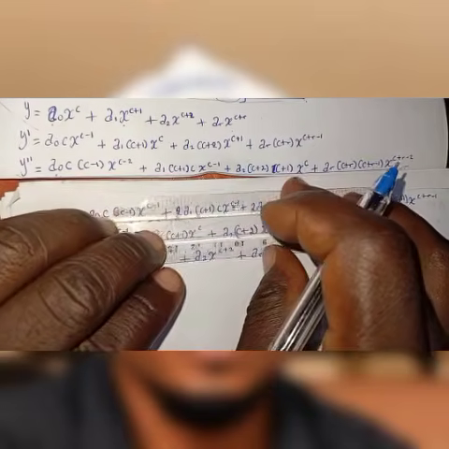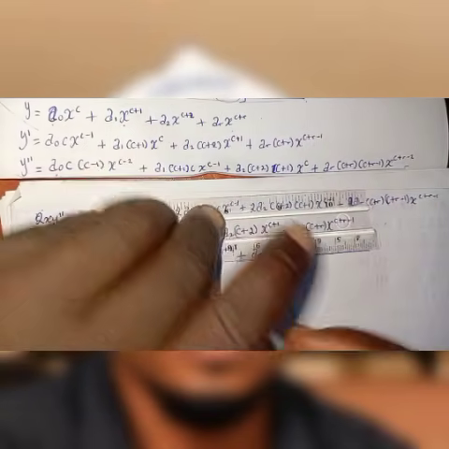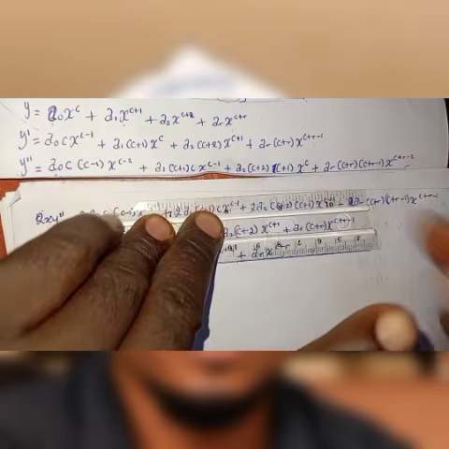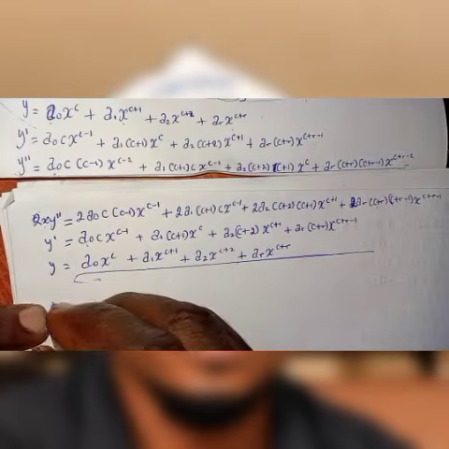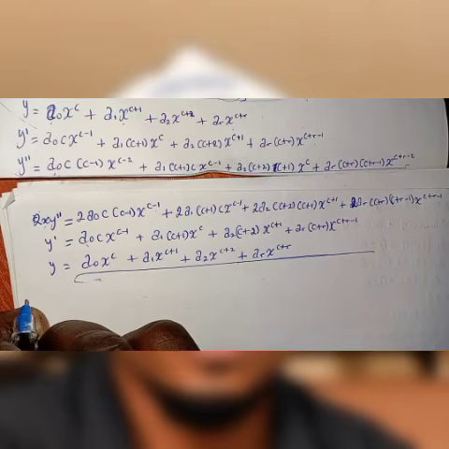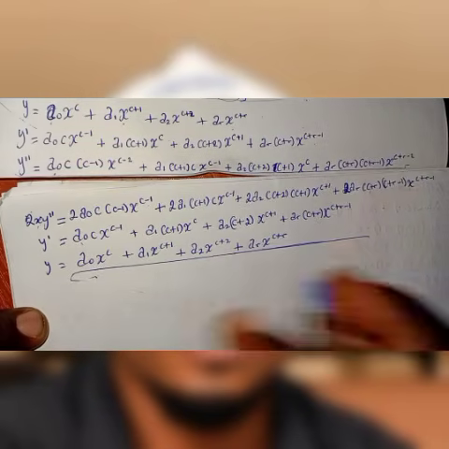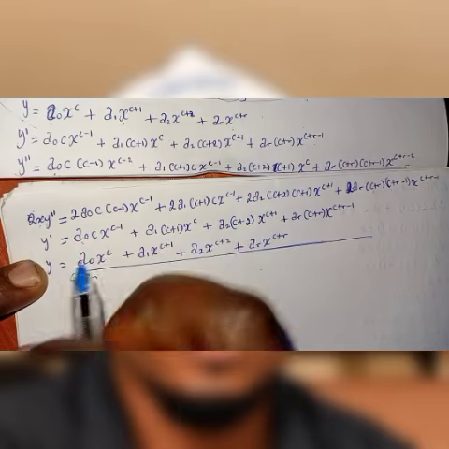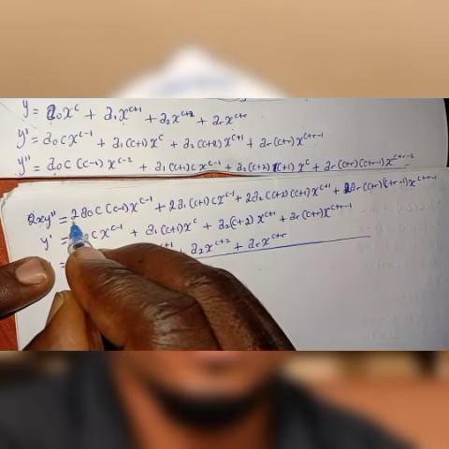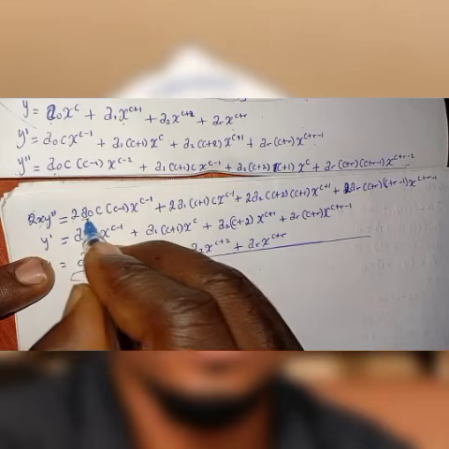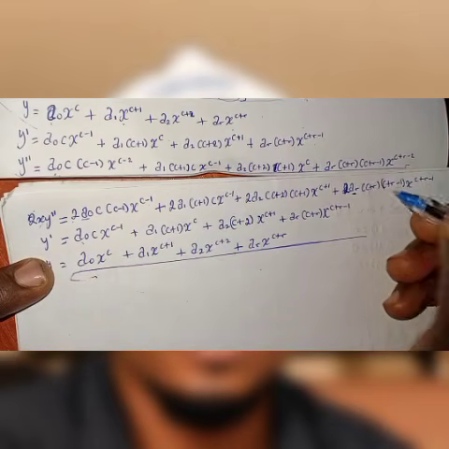Now the next step is to find the coefficient of the x. Now remember I told you in the first video, we said we need only this a naught here and this ar. That's only what we need.